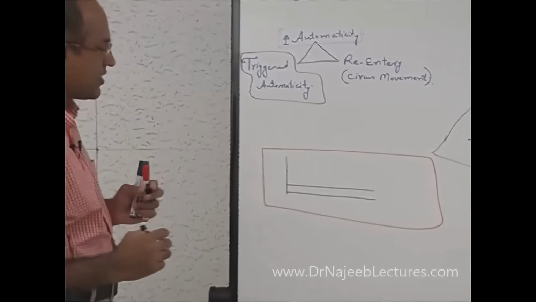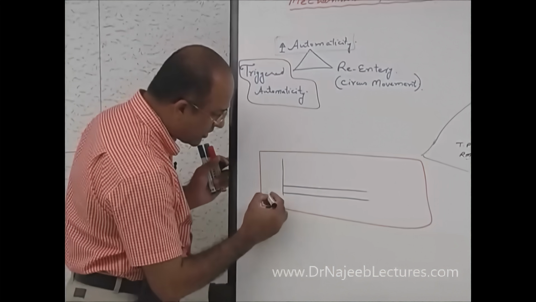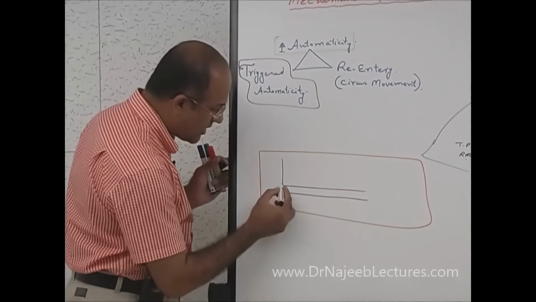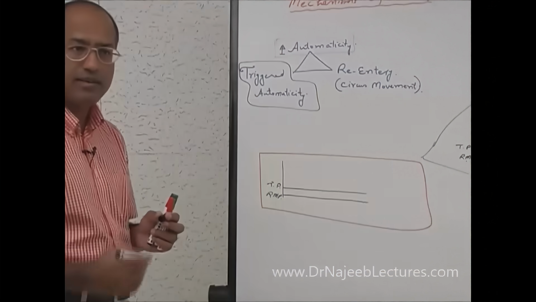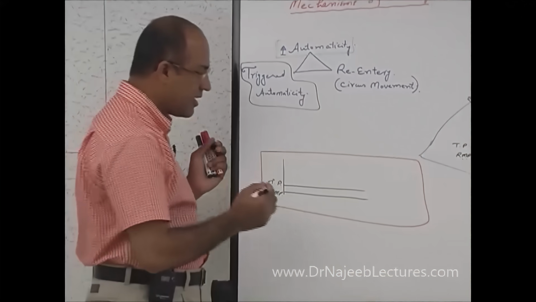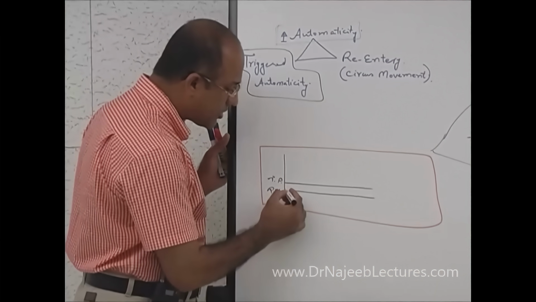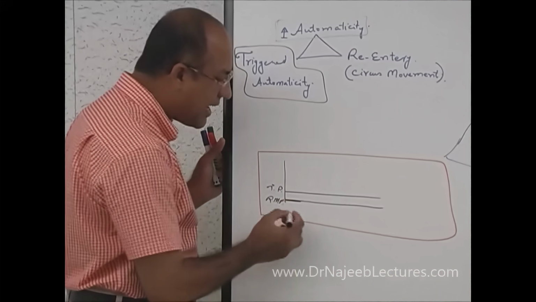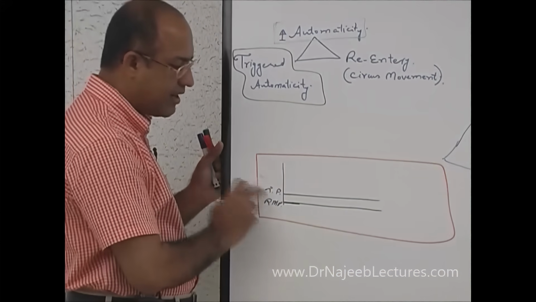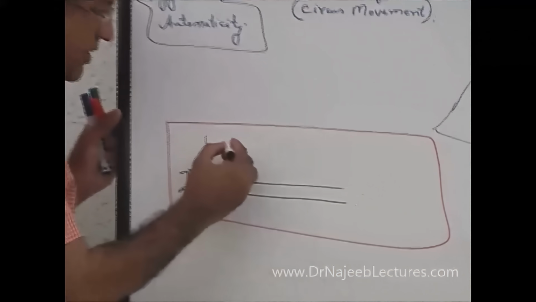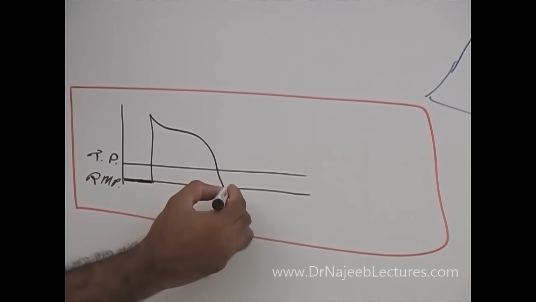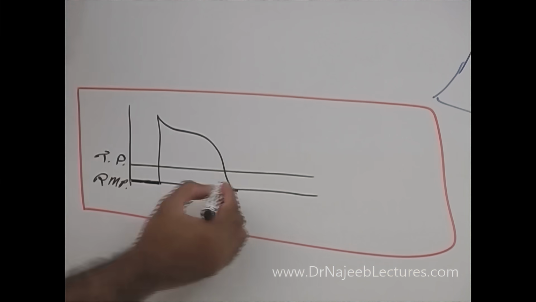In a normal ventricular cell, here I am showing the resting membrane potential, and here I am showing the threshold potential, right? Now, normally in ventricular cells, the resting membrane potential keeps resting until the nearby cell throws some cation into the cell, and this cell will undergo depolarization, and it has a long plateau, right?